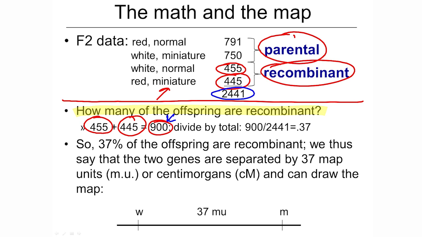And simply what that means is if we divide the 900 recombinants over the total number of offspring, we get a percentage. It's 37% or 0.37. What that means is that 37% of the offspring are recombinant. But what it means to us in this context is that 37% of the time a crossover event occurs between these two loci. And that's the information we need to make the map.